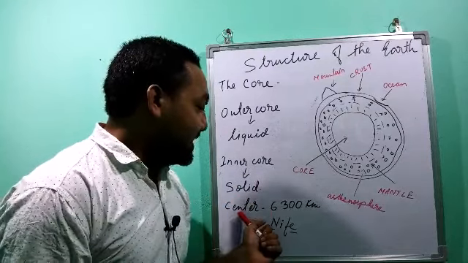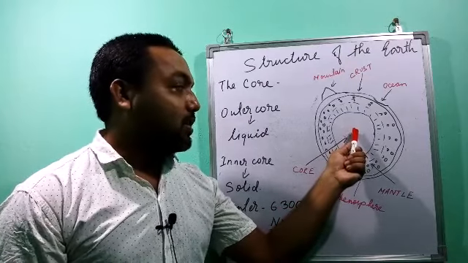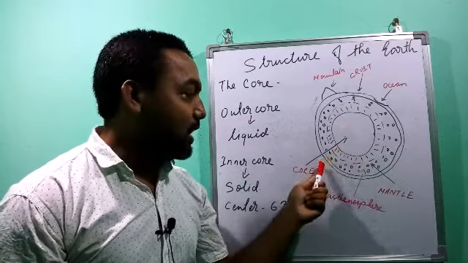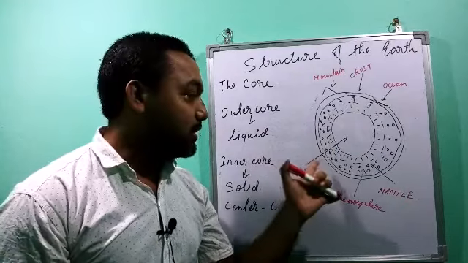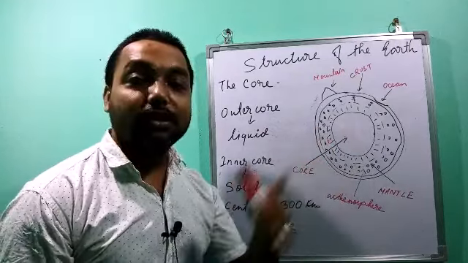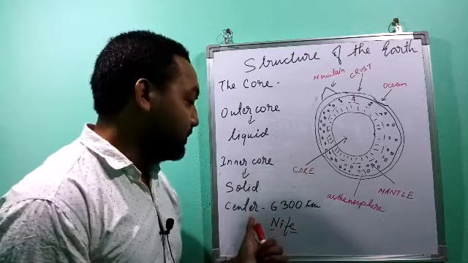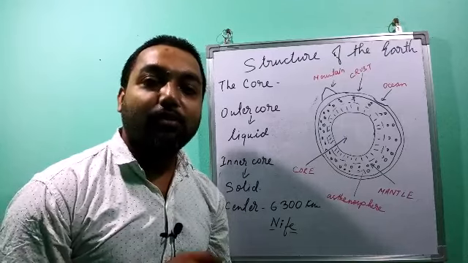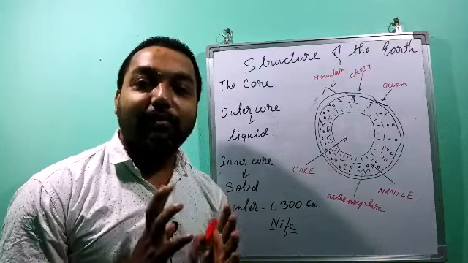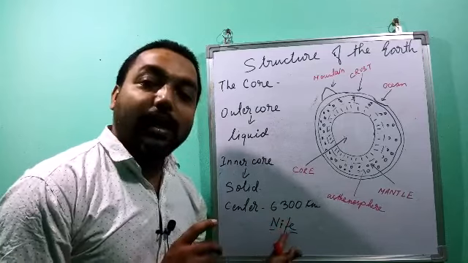The center of the earth, from the surface of the earth, is around 6,300 kilometers. From the surface of the earth to the center, it is around 6,300 kilometers. So the innermost layer, the core of the earth, is made up of very heavy materials such as nickel and iron.